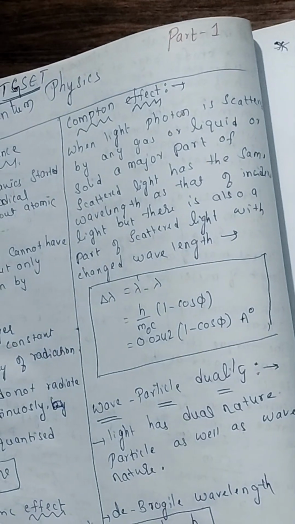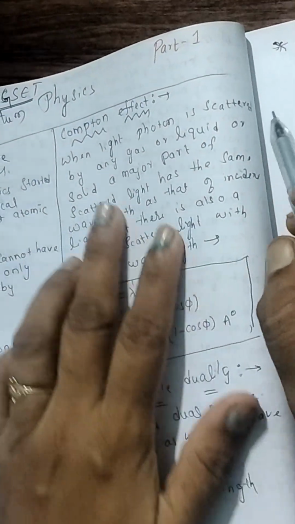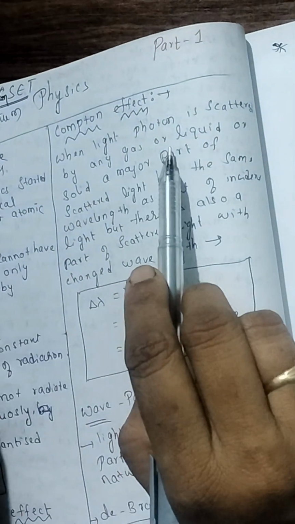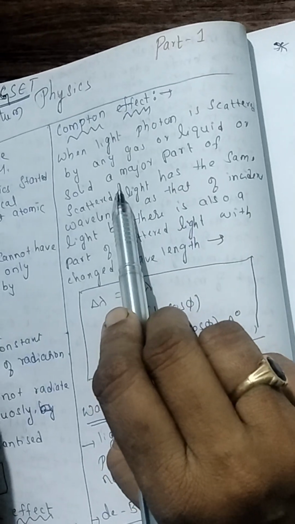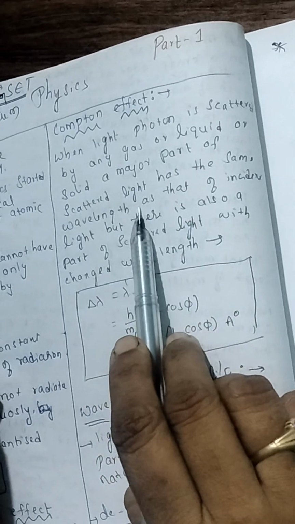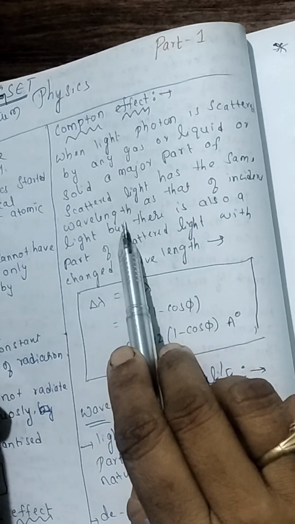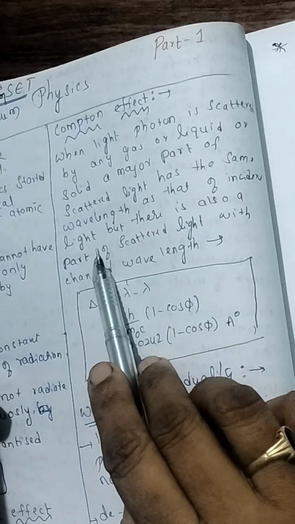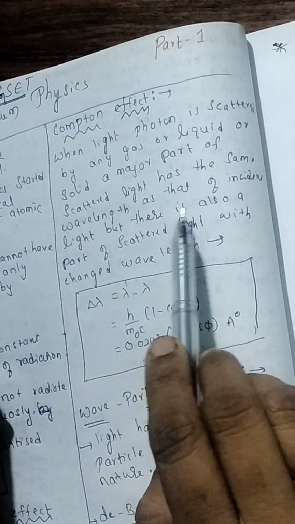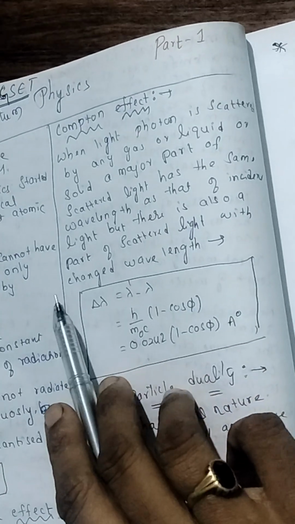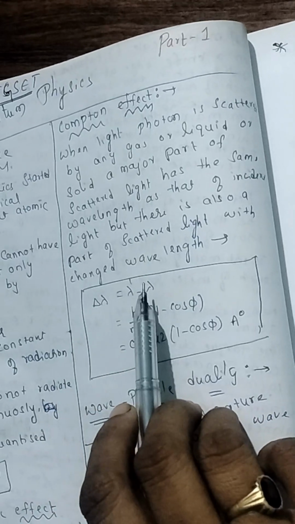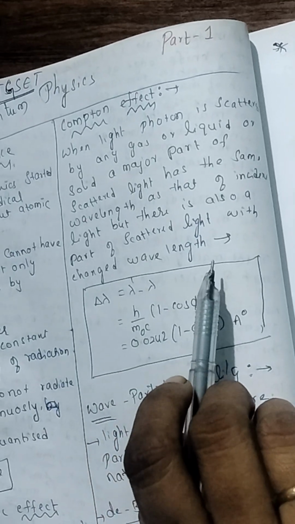Now, when a light photon is scattered by a gas or liquid or a solid, a major part of the scattered light has the same wavelength as that of the incident light. But there is also a part of the scattered light with a change in wavelength.